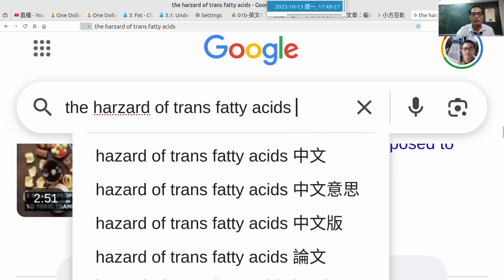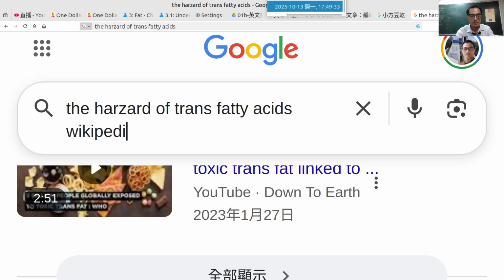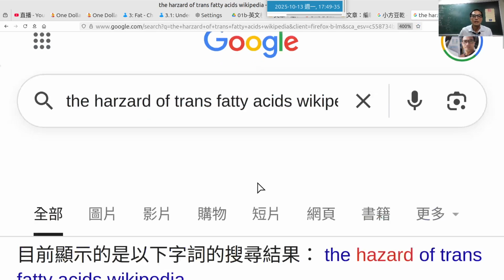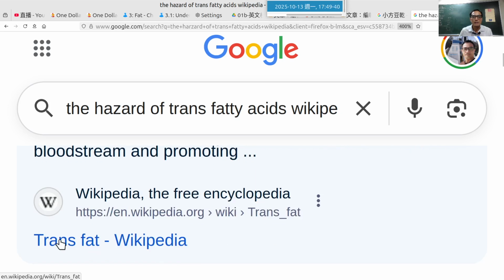And sure, if you want to, you can check Wikipedia to get the knowledge. We are not a formal course about academic writing, so I would not prohibit you from using citations from Wikipedia.